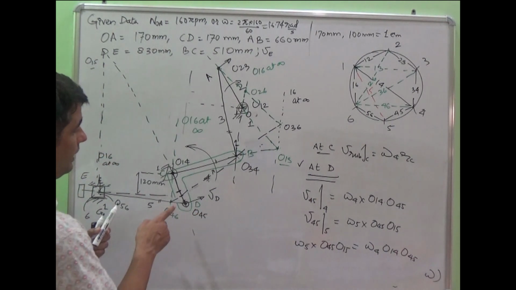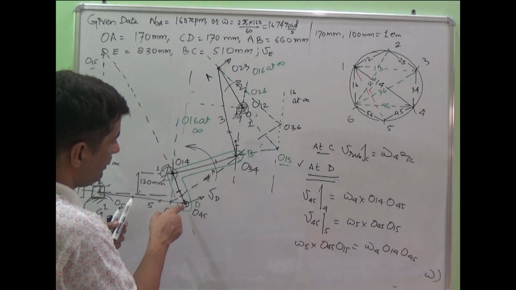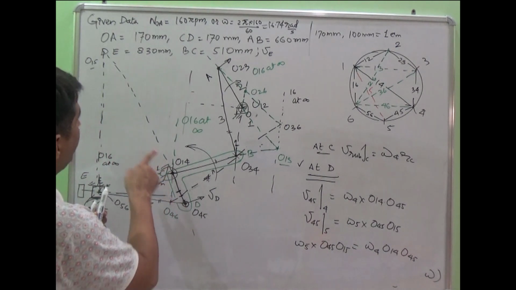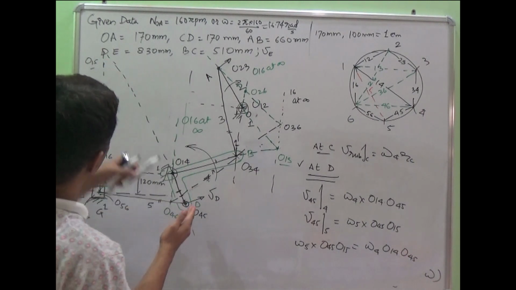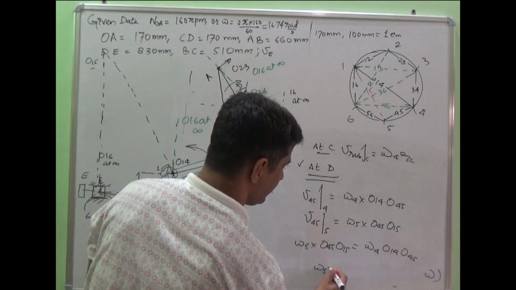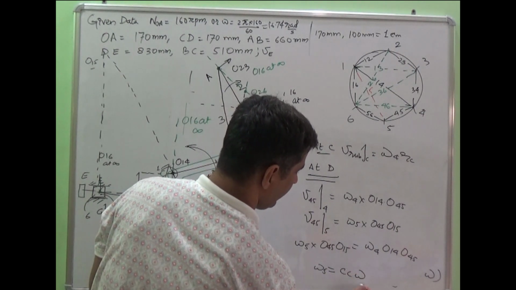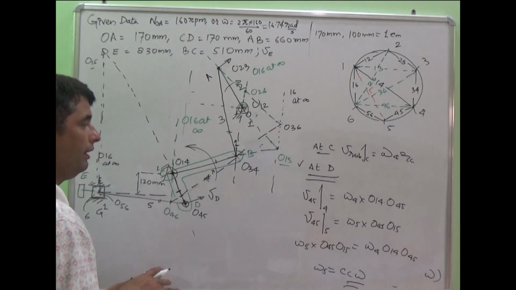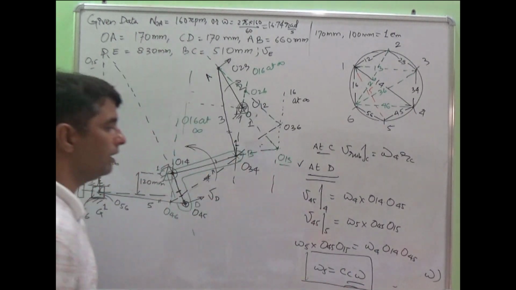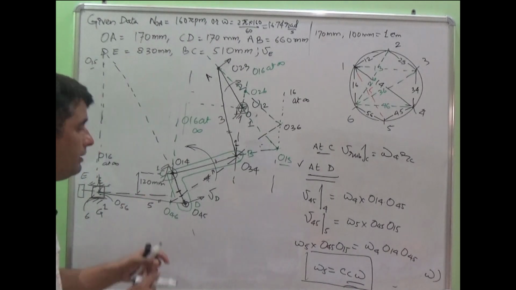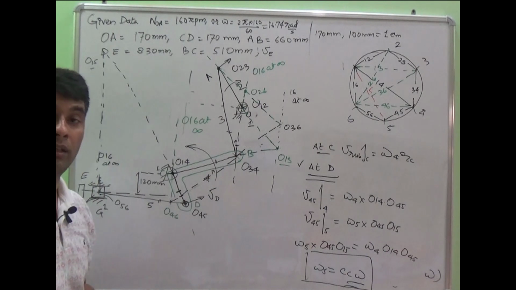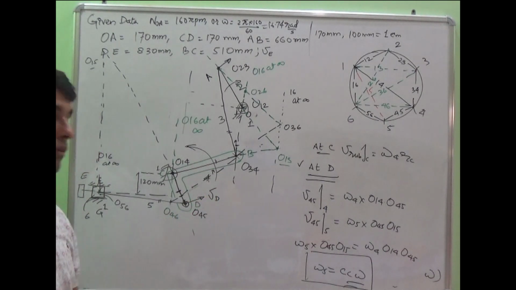Now look at the direction of omega 5. Since O45 is here and O14 is here, and O15 is here, both are lying on the same side. So the direction of omega 5 would be the same as link 4. Link 4 is rotating counterclockwise, so link 5 also rotates in the counterclockwise direction, because these two points O14 and O15 are lying on the same side of O45.